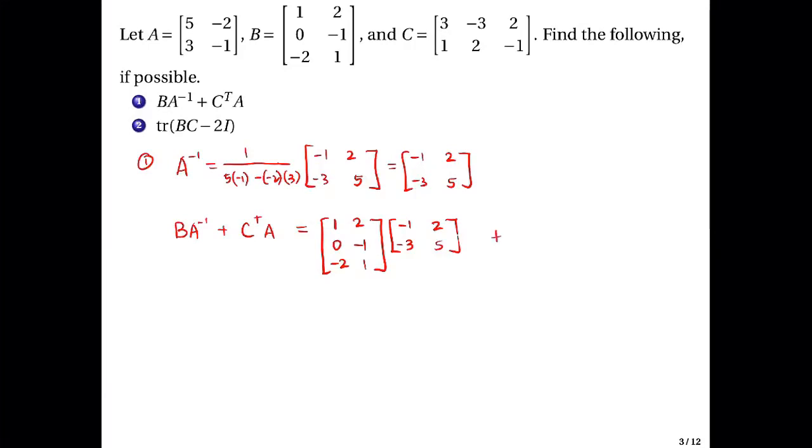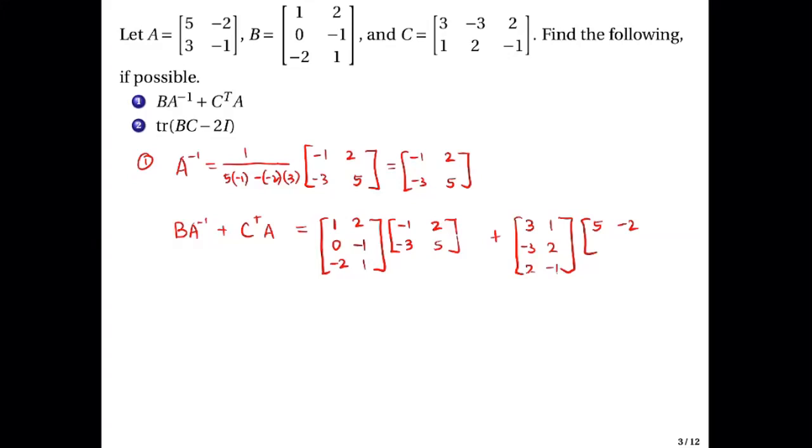Then plus C transpose. So we transpose this guy here. So this will be 3, 1, -3, 2, and then 2, -1. And then multiply to A, which is this. We have 5, -2, 3, -1.